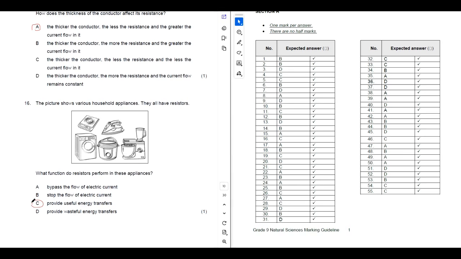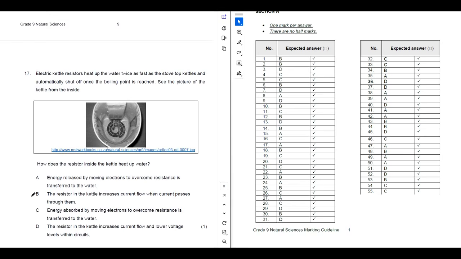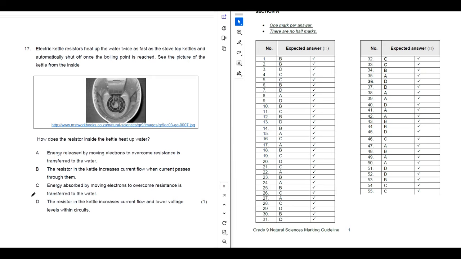Then we will move to our next question, which is question 17. Question 17 says that electric kettle resistors heat up the water twice as fast as the stove top kettles and automatically shut off once the boiling point is reached.